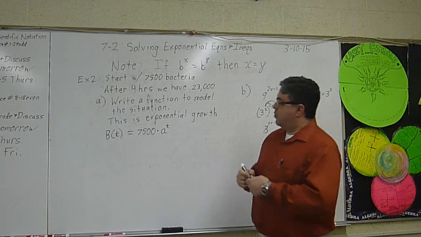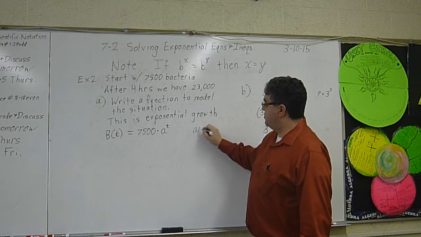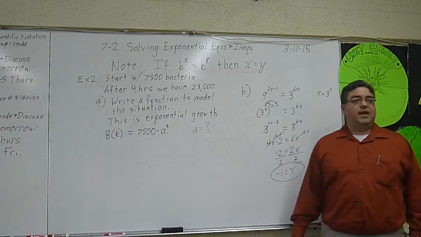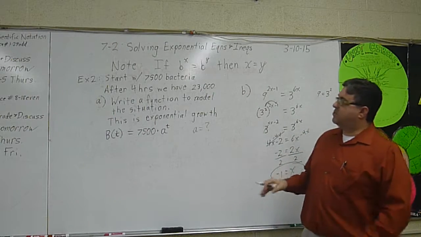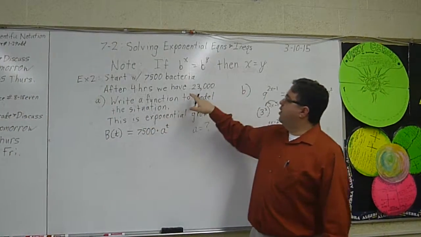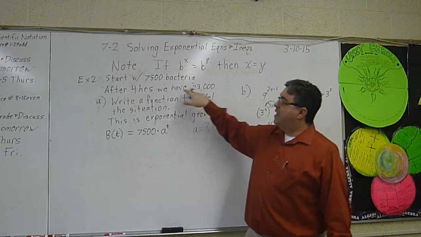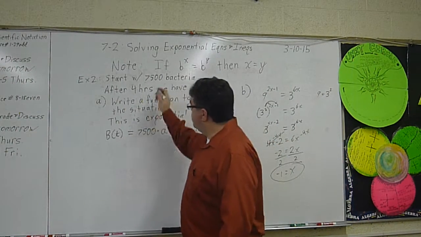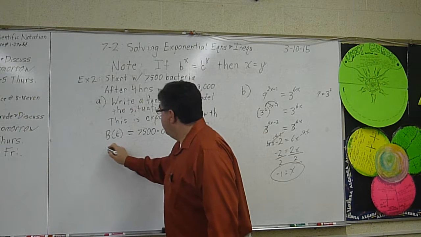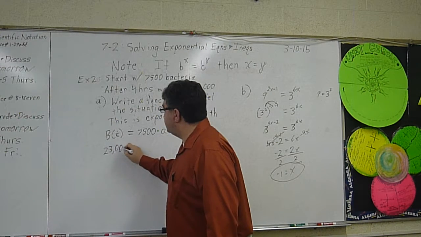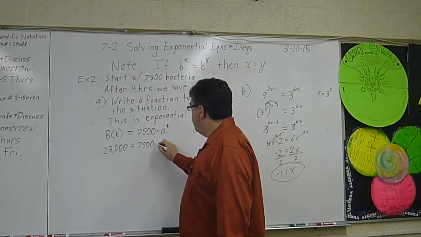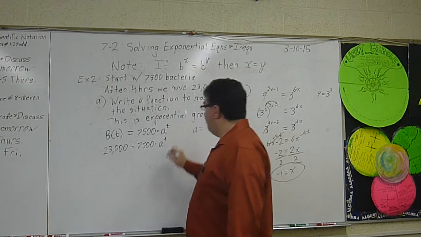So then the question is, what is A? How do we figure that out? Well, in this case, we have another piece of information. We know how many bacteria after 4 hours. So we can say that there were 23,000 bacteria after 4 hours.